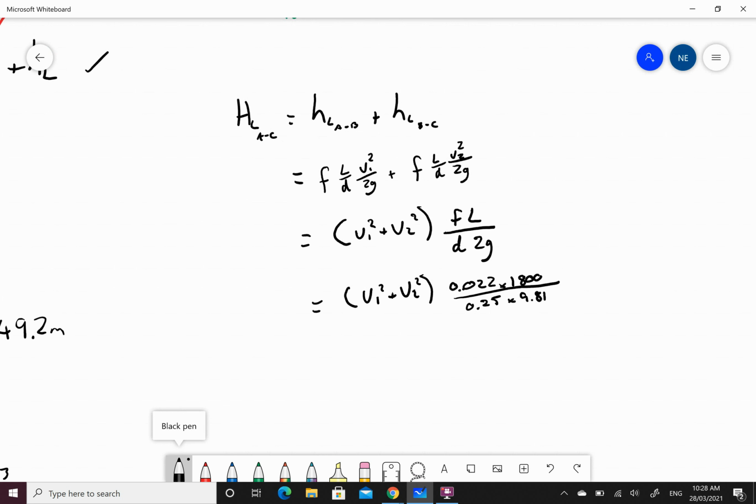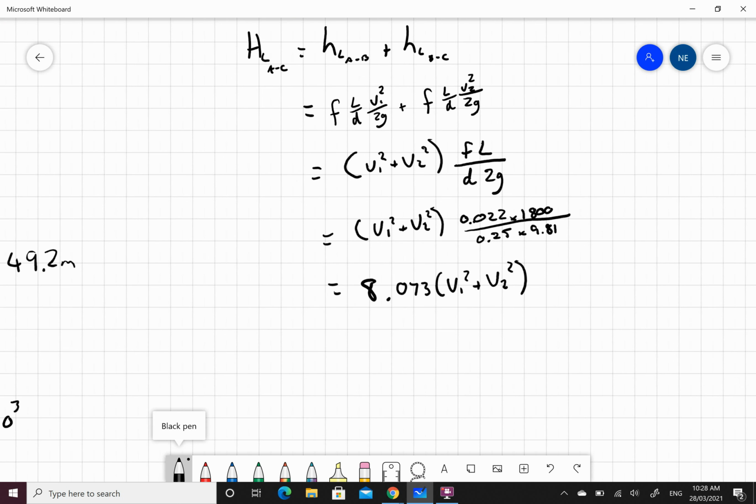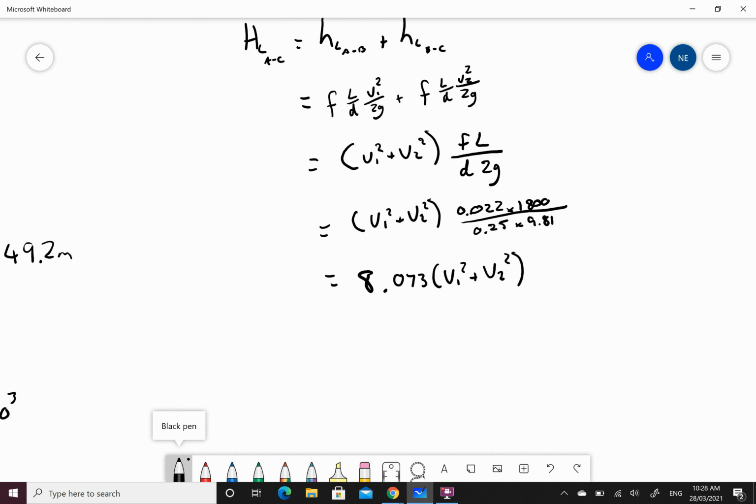Let me put it in my calculator: 0.022 times 1800. Cool, easy. So this becomes 8.073 times V1 squared plus V2 squared. This is our head loss from A to C.